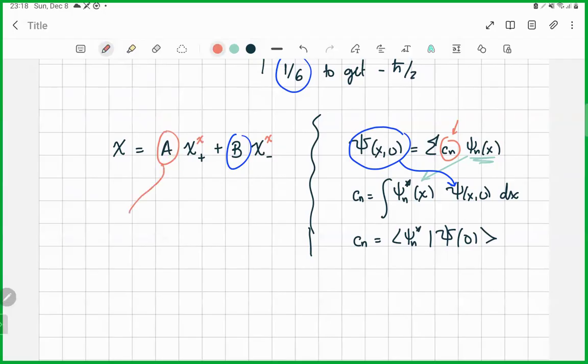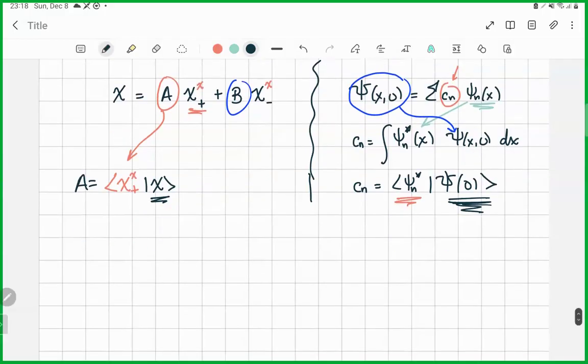So to find this A, what I'm going to do is the ket will be chi, and the bra will be this state. By doing this, we are going to find A. Well, I find this method easier because now it's just playing with two vectors. We just multiply one by the other.